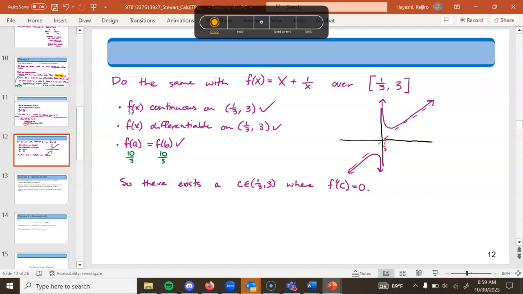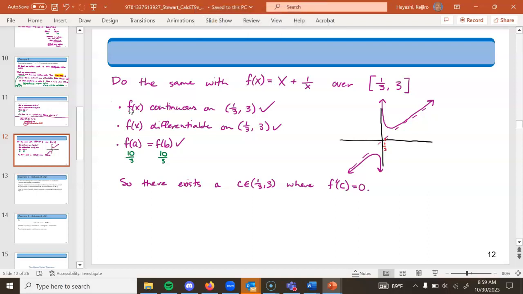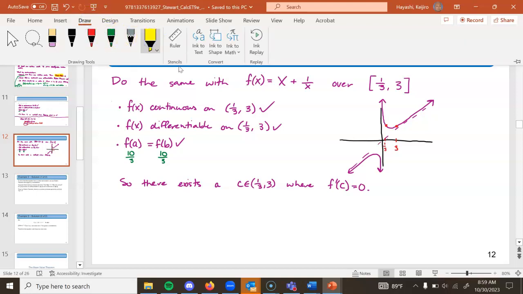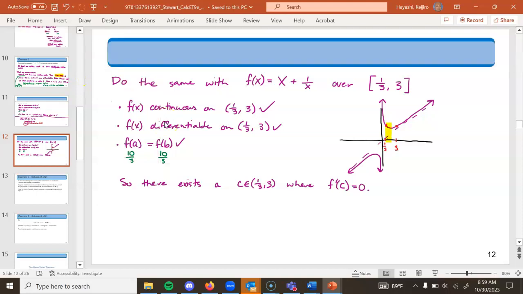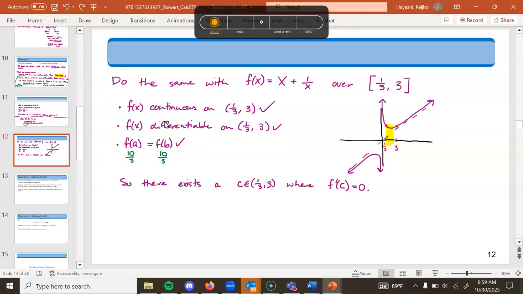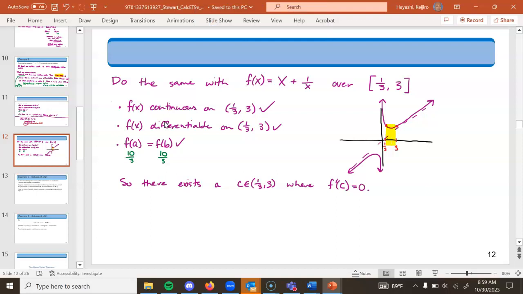Let's just say 1/3 somewhere around here, and maybe 3 somewhere around here. So hopefully you can tell that graphically there is going to be one of those turning points where the derivative is going to be exactly 0, where the tangent line is going to be horizontal, somewhere in between these two endpoints. And you can kind of tell that it's going to be right here.